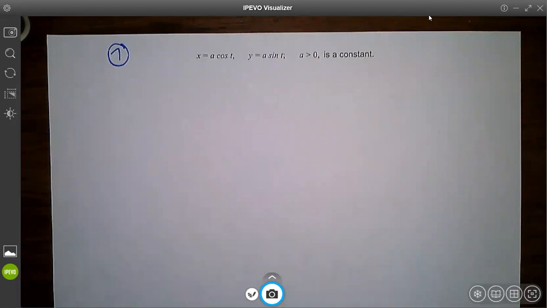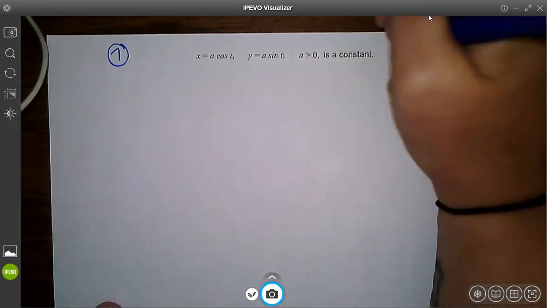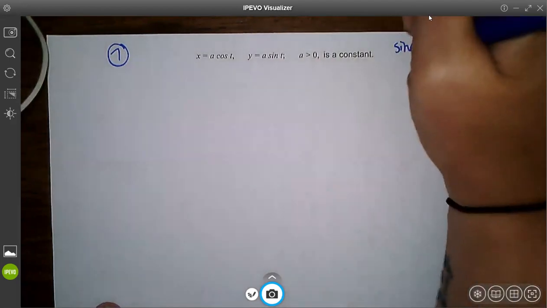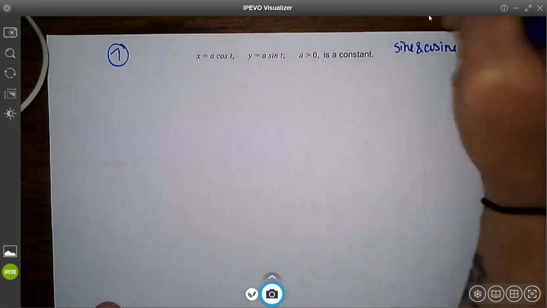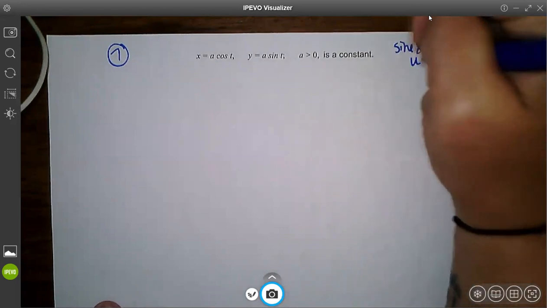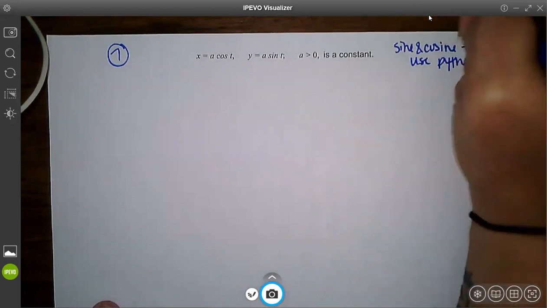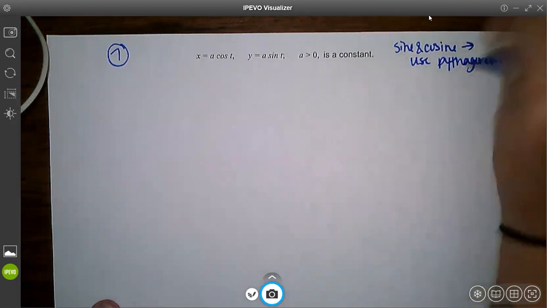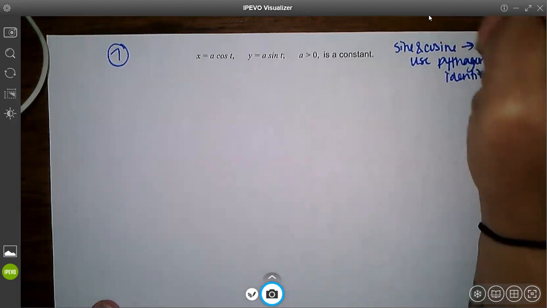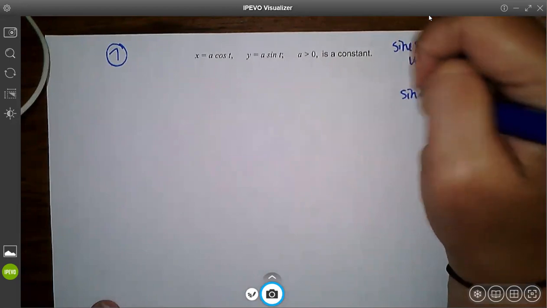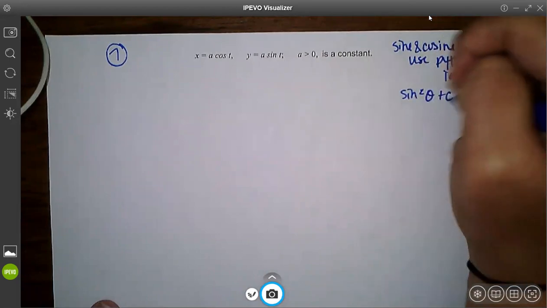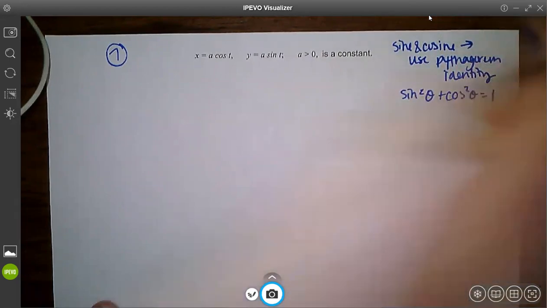All right, so here, this is different. When we have sine and cosine, anytime you have a sine and cosine, you're going to use a Pythagorean identity. The Pythagorean identity is sine squared of theta plus cosine squared of theta equals 1.